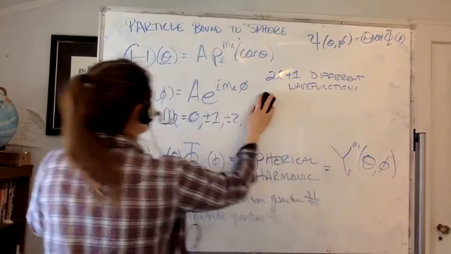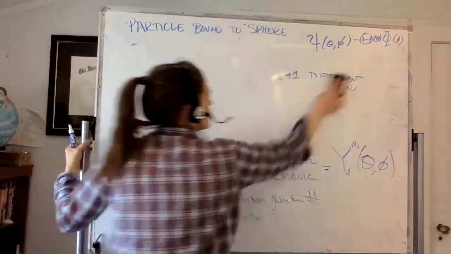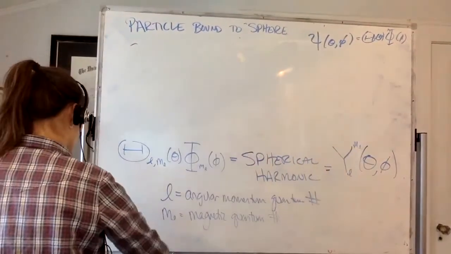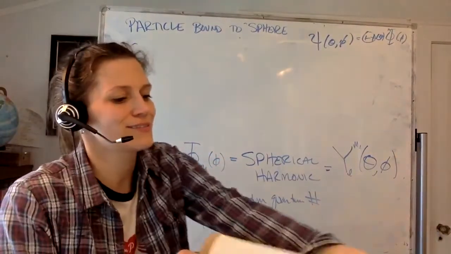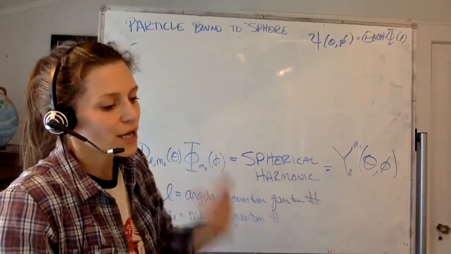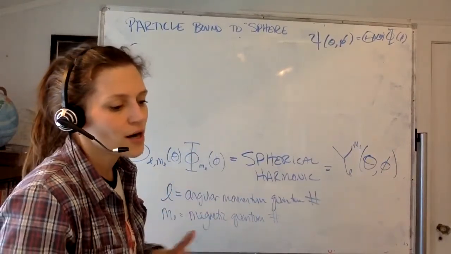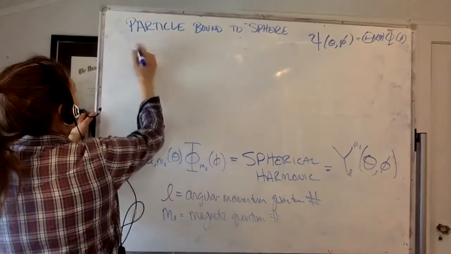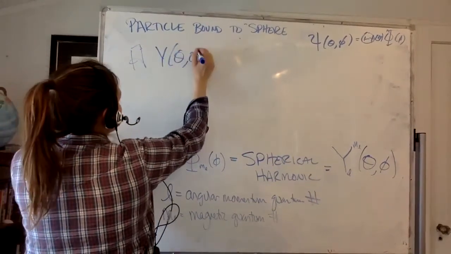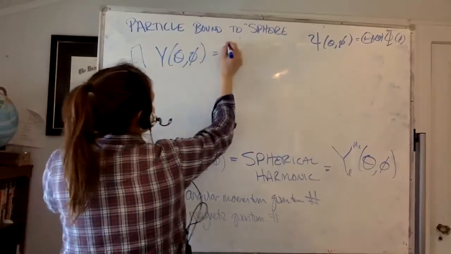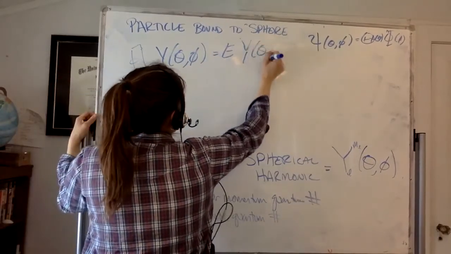So we solve the time-independent Schrodinger equation with the spherical harmonic. We put this into H psi equals E psi, using the very large Hamiltonian written out with the Laplacian, like I showed before. So we do H on the spherical harmonic, which is equal to E times the spherical harmonic.